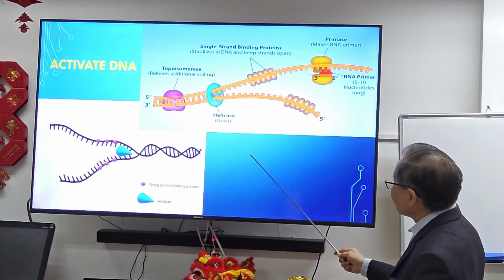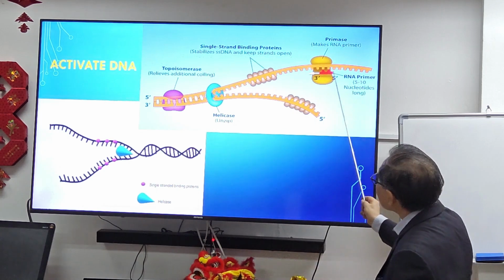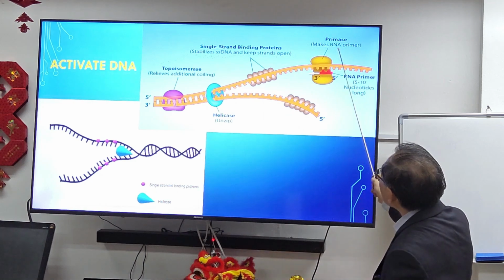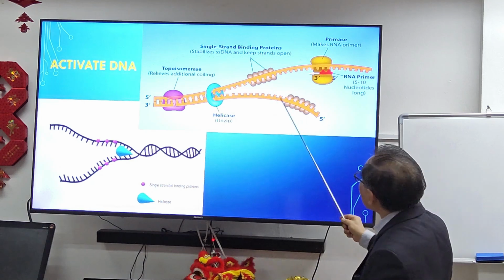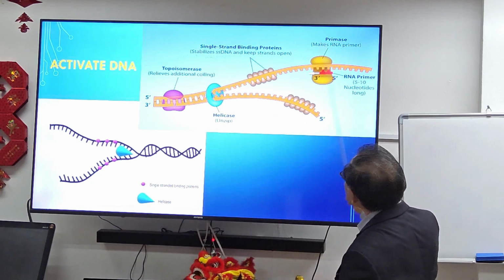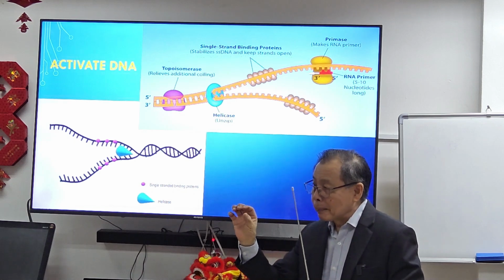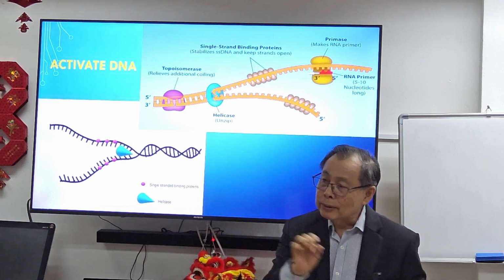The other reason why we need to unzip is because we can read the recipe on the DNA. So you have a primase which primes it, and then you have an RNA printer which reads it and then prints out the thing. The printer is sent into the cell.